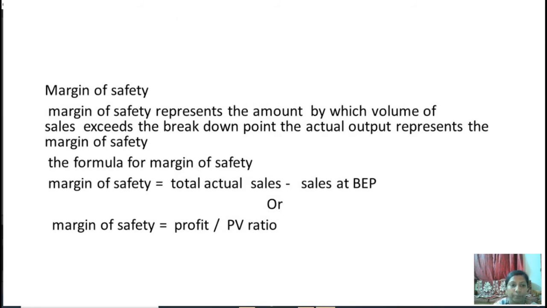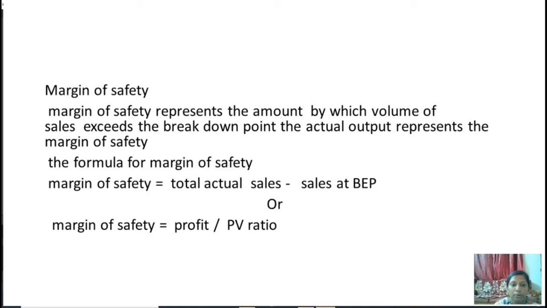And next, margin of safety. What is the meaning of the margin of safety? Margin of safety represents the amount by which volume of sales exceeds the break-even point. The actual output represents the margin of safety. That is the meaning of the margin of safety.